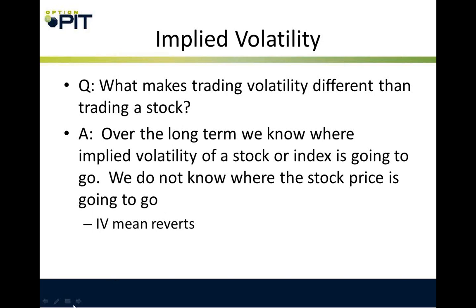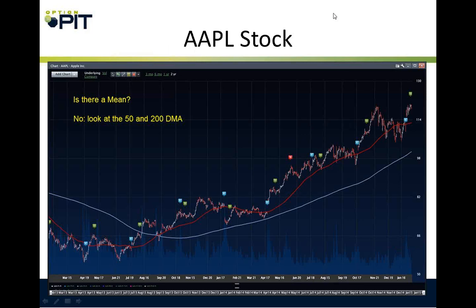So let's just really briefly look at this stock chart of Apple. As you can see, it doesn't really look like there's any true pattern there, does it? Just kind of going up and up and up.